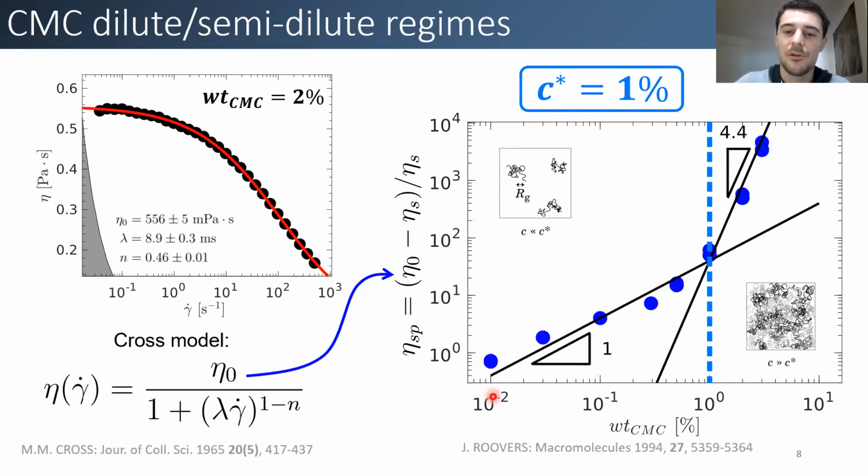The first is the dilute regime, where there is a linear relationship between the two, and the semi-dilute regime, where there is a power law between the viscosity and concentration, with a typical exponent of 4.4. Thanks to this, we are able to estimate the overlap concentration to be around 1% in weight ratio with respect to water for this specific polymer.